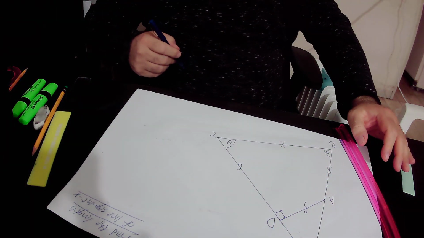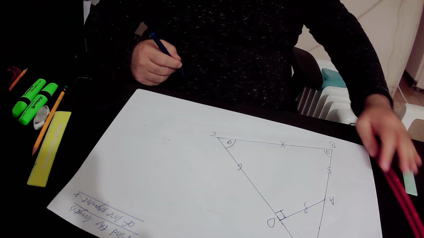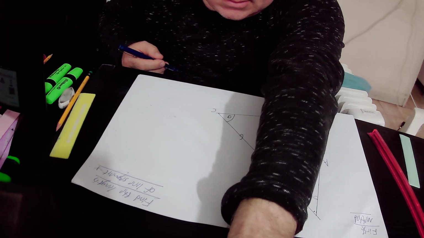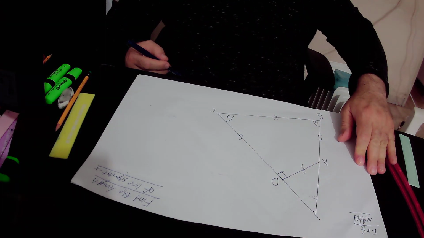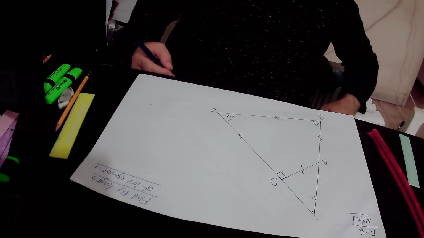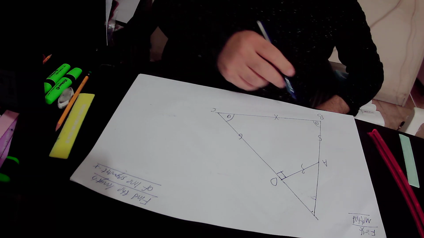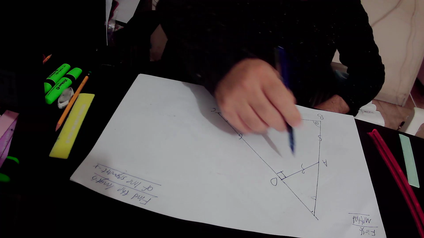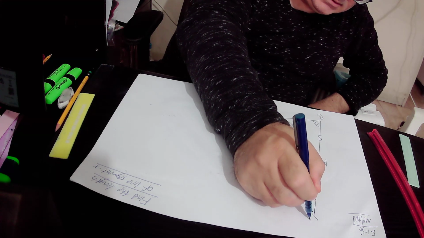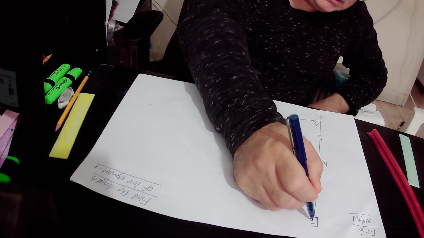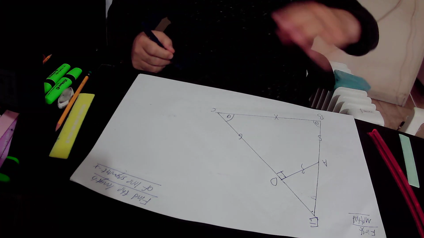And we will define the intersection point of the extended side BA and the extended side CD as E. So here we created triangle EBC.